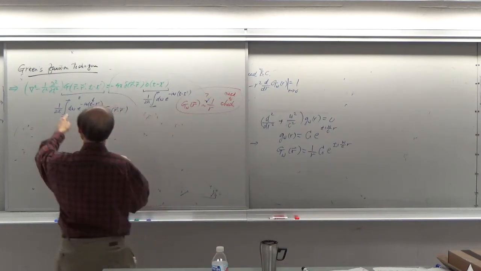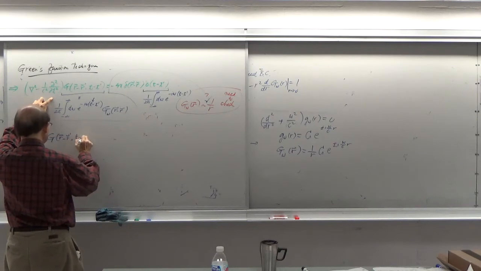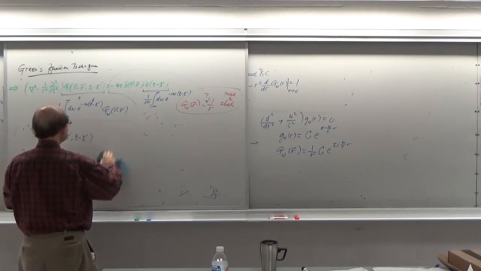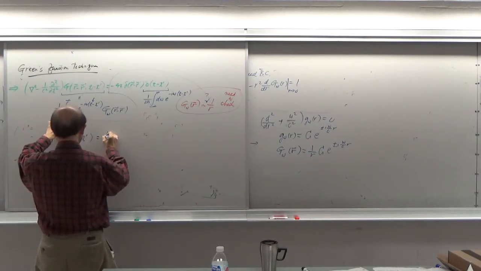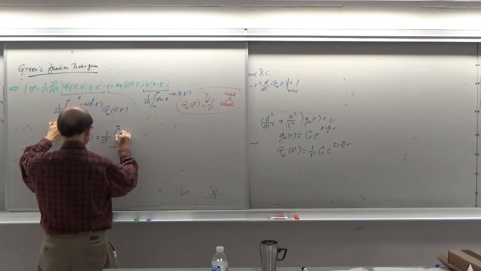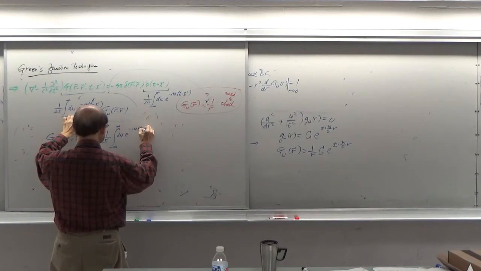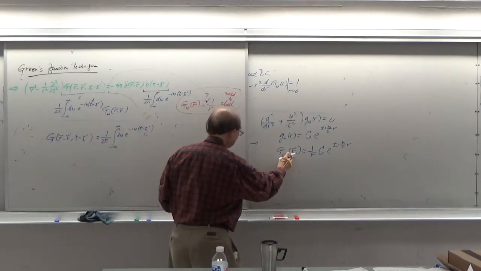Okay. So that's my 4-dimensional Green's function. In fact I have this, and this is equal to 1 over 2 pi, integration over omega from minus infinity to infinity, e to the minus i omega (t minus t prime), and this is for the argument r.